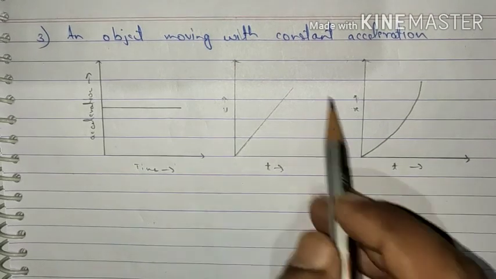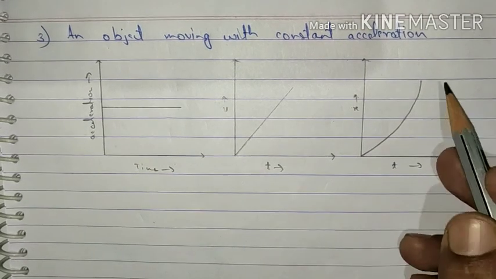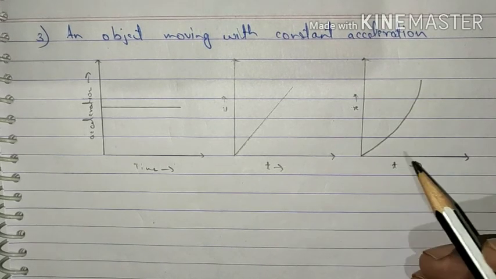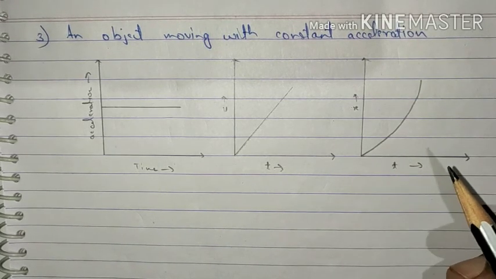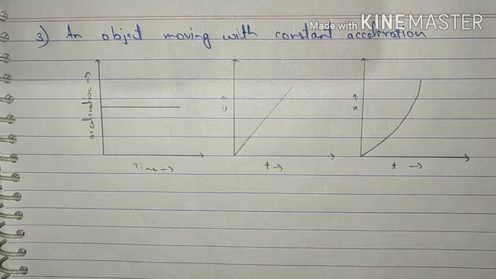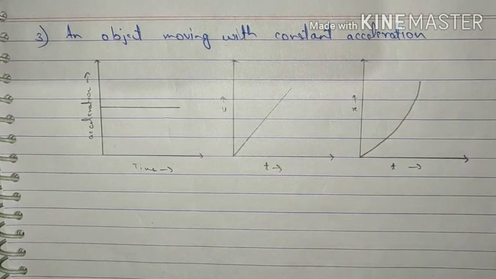However, on representing the same thing on a displacement time graph, we will observe a curve, since the displacement in the first second is less than the displacement in the second second, which is less than the displacement in the third second. The reason for that is that the velocity is continuously increasing, and because the velocity is continuously increasing, we are experiencing acceleration, and that is the reason a curve has been shown over here to represent this particular graph.